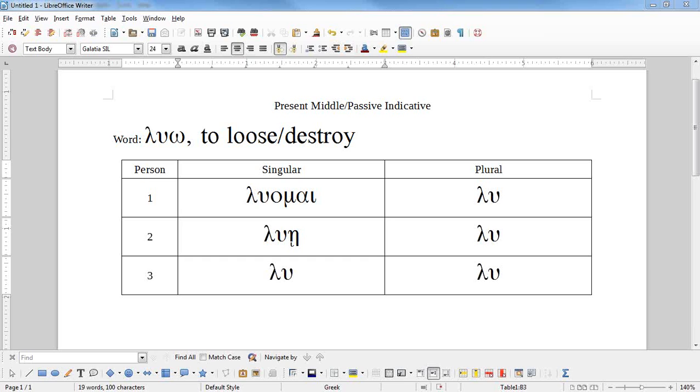All right, so now continuing with the third person singular, it is epsilon, tau, alpha, iota.